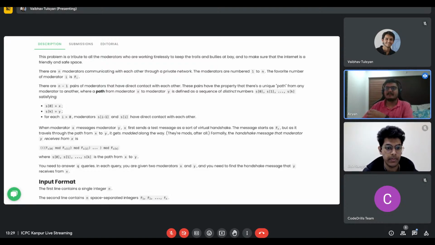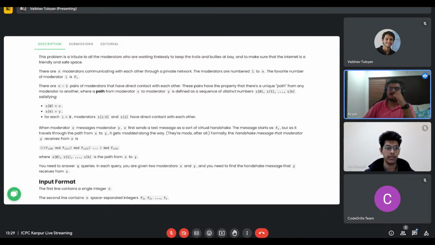When moderator X messages moderator Y, X first sends a text message as a sort of virtual handshake. The message starts at f_x, but as it travels through the path from x to y, it gets modded along the way. Each time you get a new number, you mod it with the favorite number of the moderator.